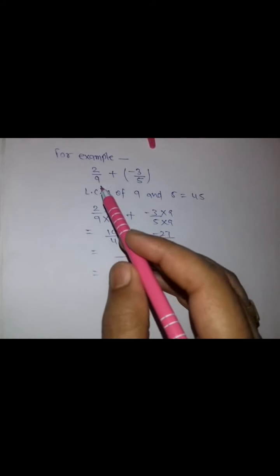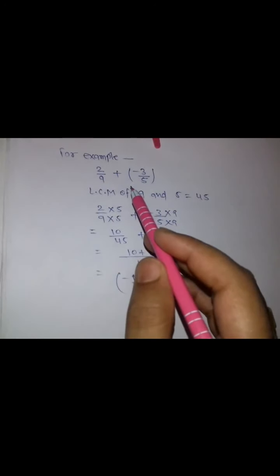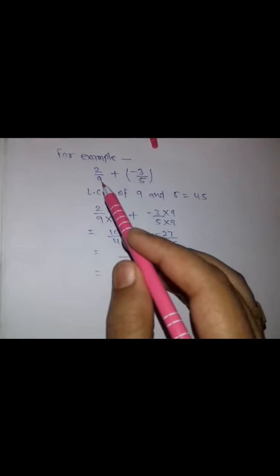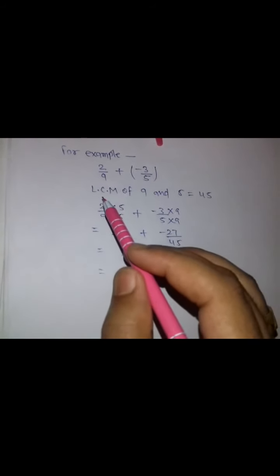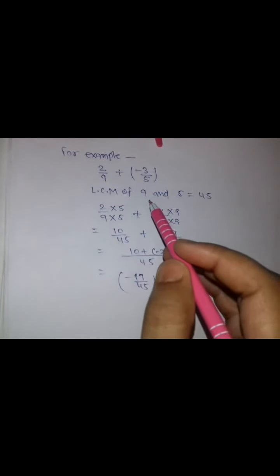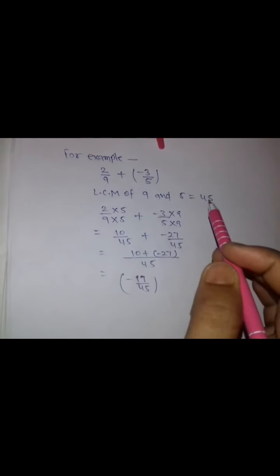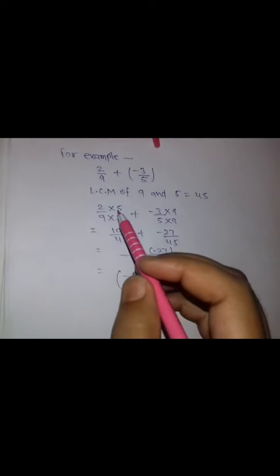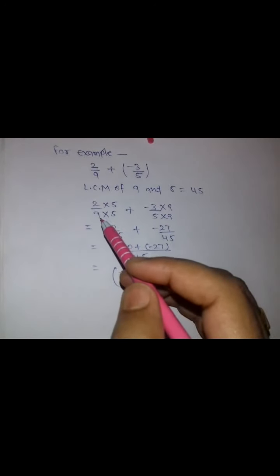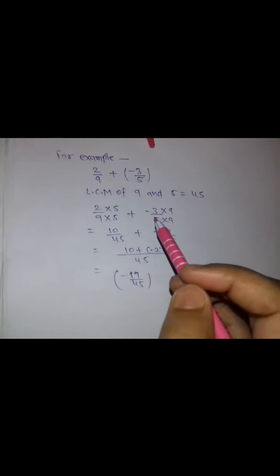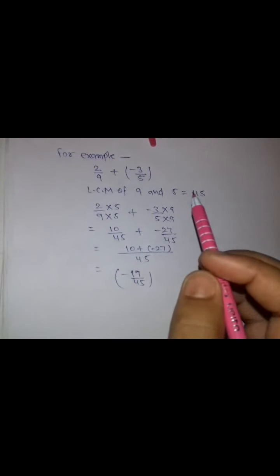Why? To make the denominators the same, and you know that only the LCM can make both denominators the same. So find the LCM of 9 and 5, it will be 45. Then we have to make 9 and 5 into 45.